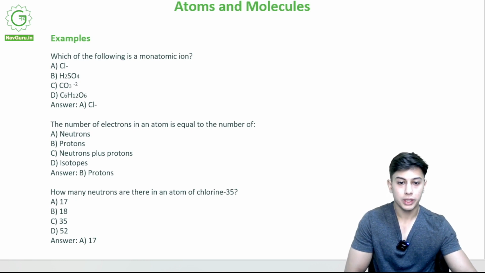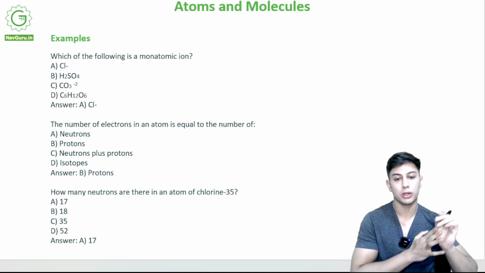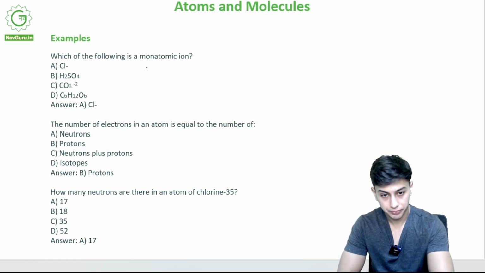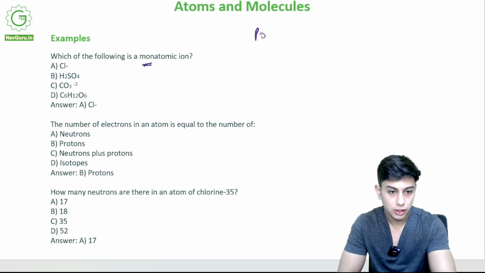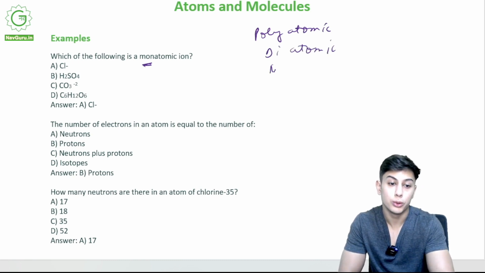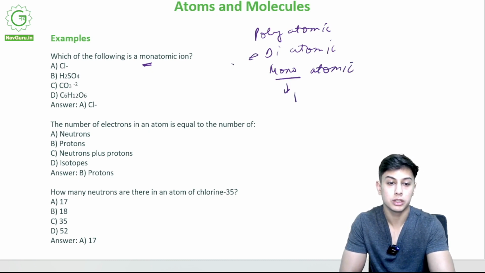Which of the following is a monoatomic ion? What do I mean by monoatomic? A single atom. Mono. Polyatomic, diatomic, monoatomic. Mono means one, di means two, poly means many of different.